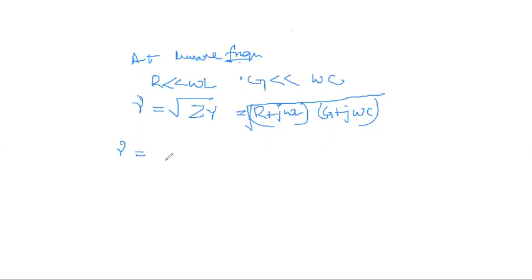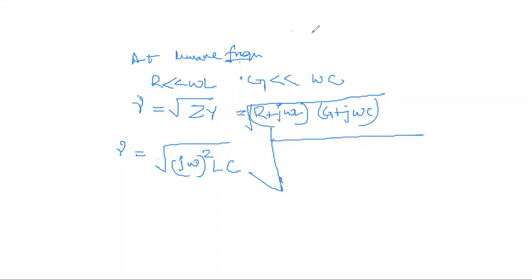To make the derivation easier, take out the square root of j omega squared LC outside. What are the remaining terms inside the square root? R by j omega L plus 1, into G by j omega C plus 1.